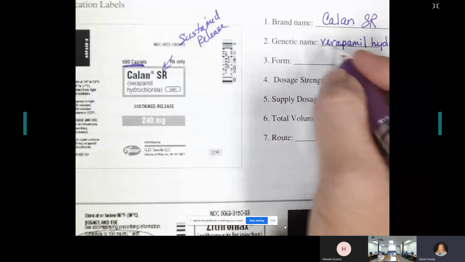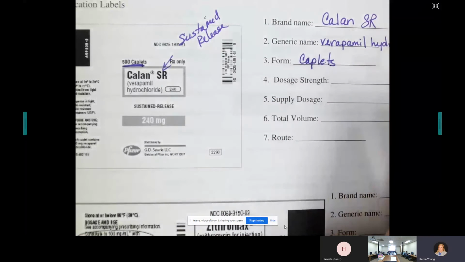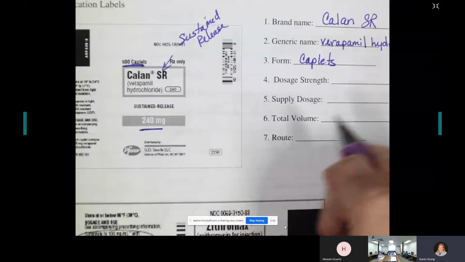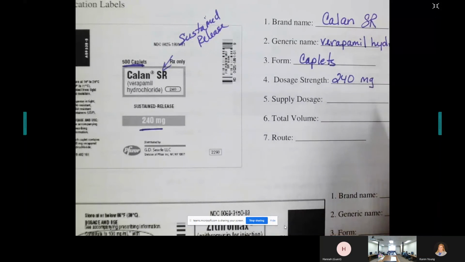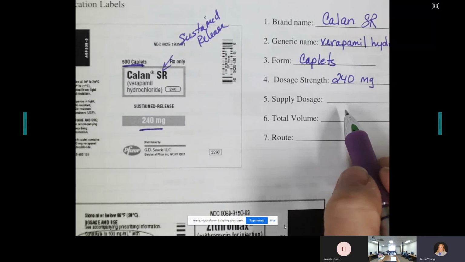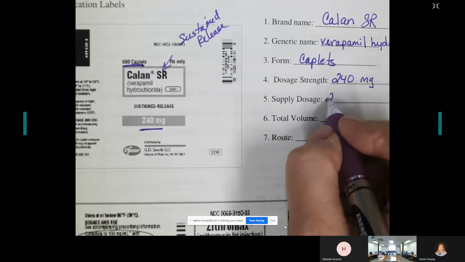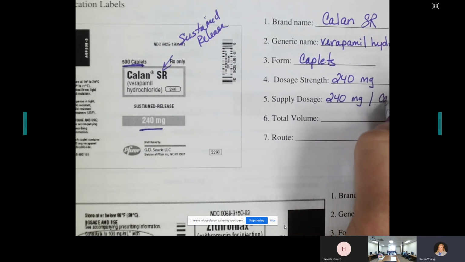So caplets is my form. And then my dosage strength is the 240 milligrams. Then my supply dosage is my dosage strength in my form. So it'd be 240 milligrams per caplet.